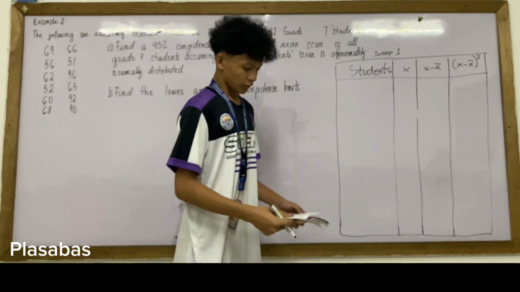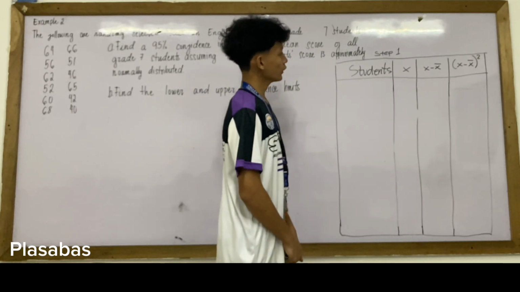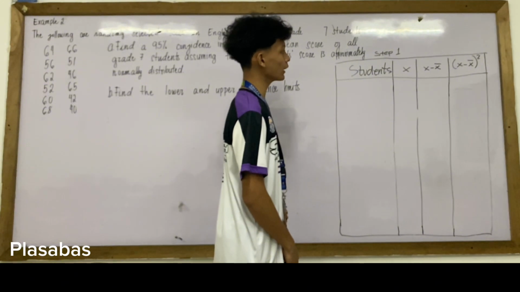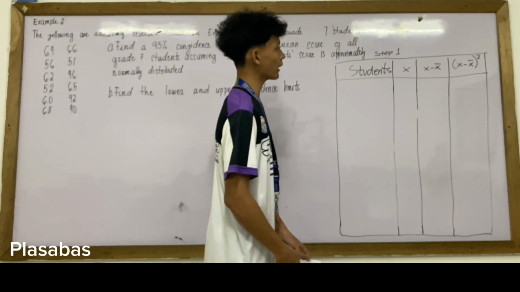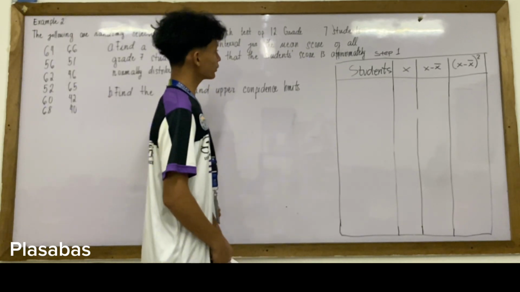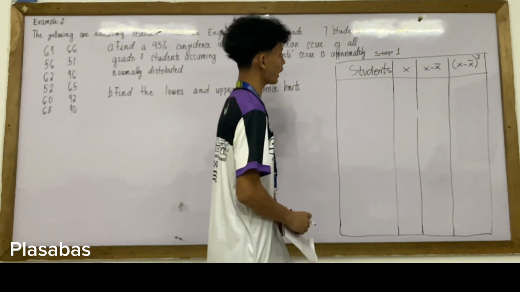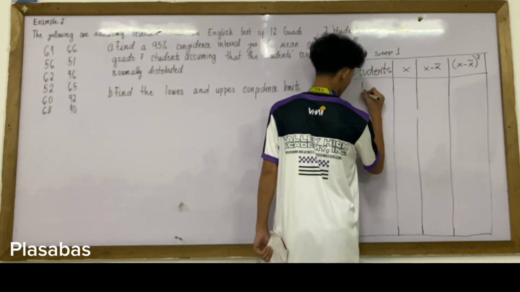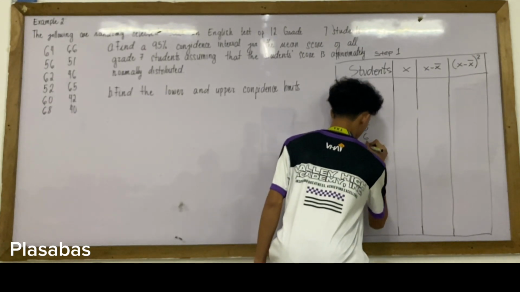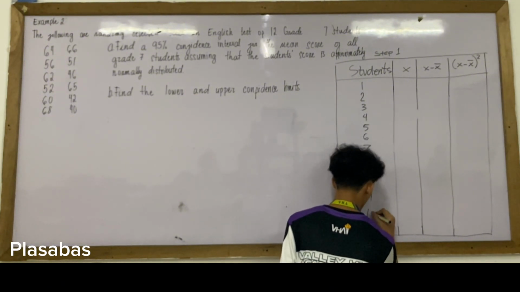On the table, we have 4 columns. The first column is the student, then x, then x minus sample mean, and then the quantity x minus sample mean squared. In the first column we have 12 students, so we write 1, 2, 3, 4, 5, 6, 7, 8, 9, 10, 11, 12.